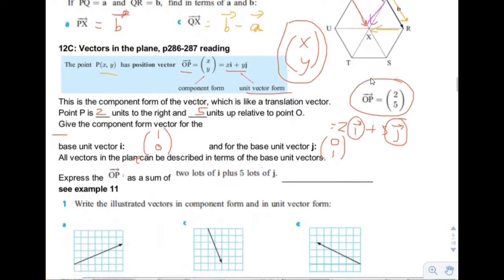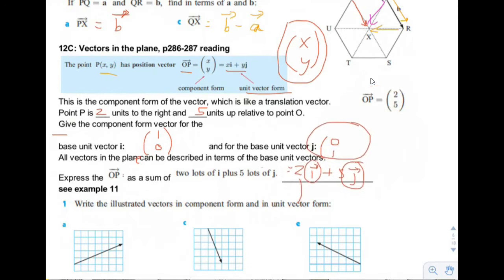So express OP as the sum of 2 lots of i plus 5 lots of j. That's exactly what we did right here, so I'm just going to copy this down here. Okay? All right.